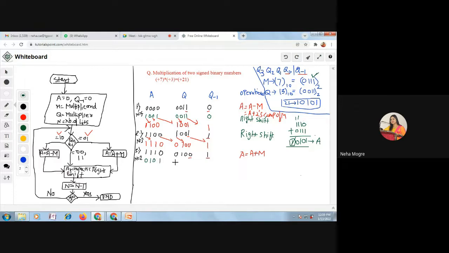Take the Q as it is. I am writing here 0 1 0 0 and 1. Now after performing this, what do we have to do? We have to go for the arithmetic right shift. Don't forget this. If you forget this, your answer will be absolutely wrong. So perform the right shift.